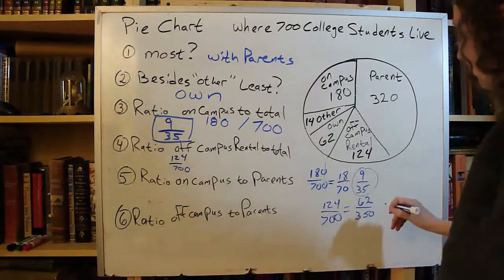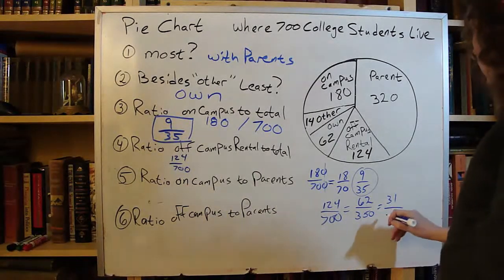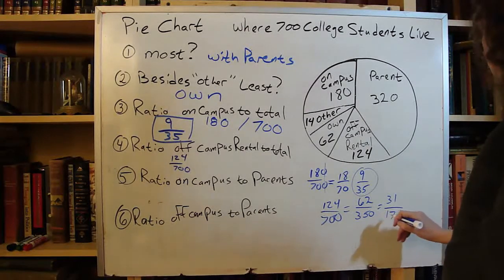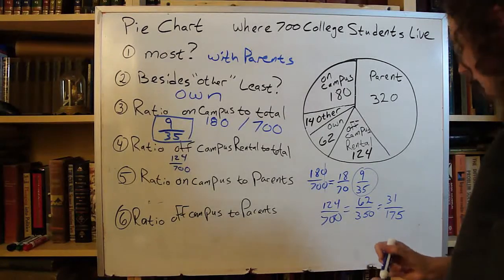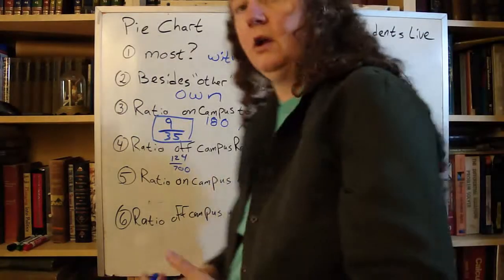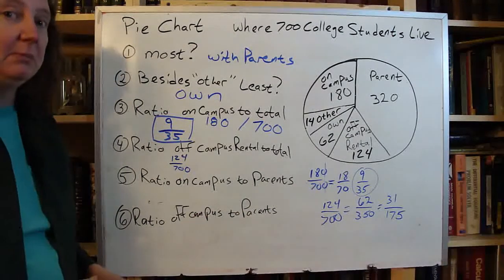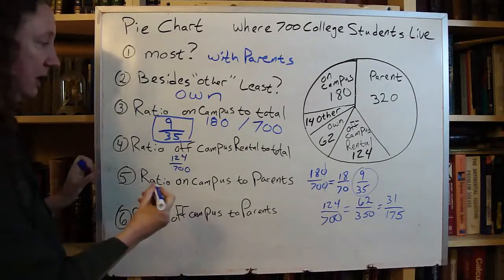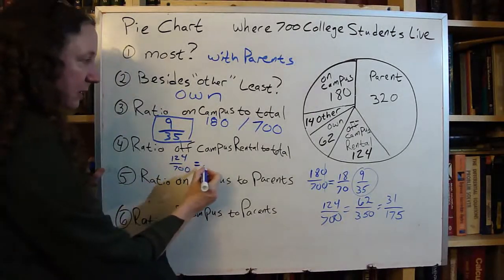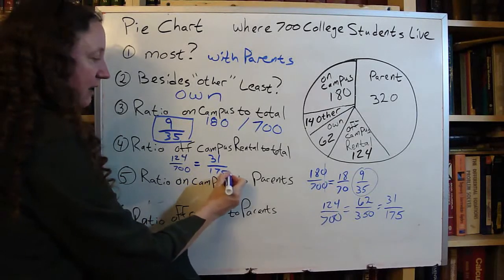Again, I can divide by 2. 31 over 175. 31 is a prime number. 175 cannot be divided by 31, therefore that's done. So now I have my answer, 31 over 175.